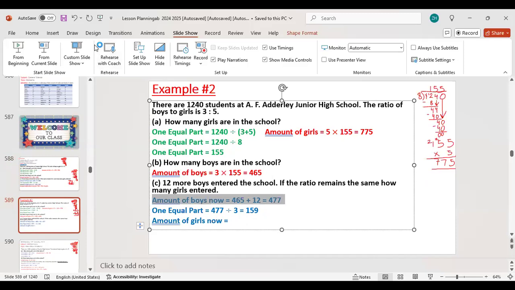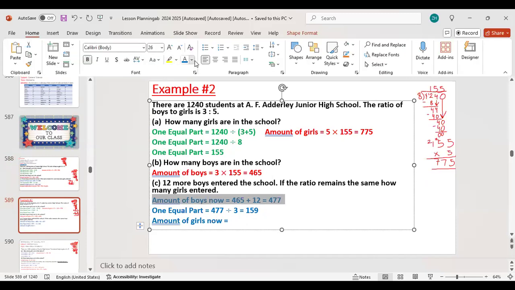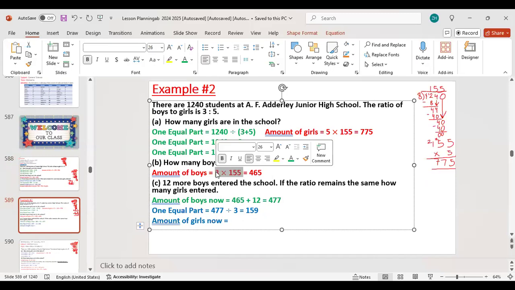We multiply the equal part by the times amount. 5. So it's going to be 5 multiplied by 159, which gives us 795.